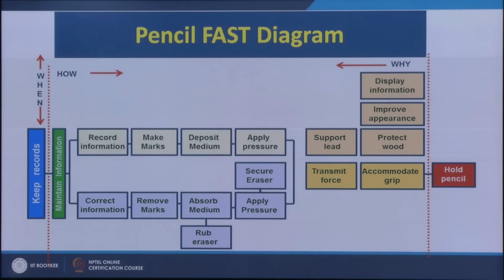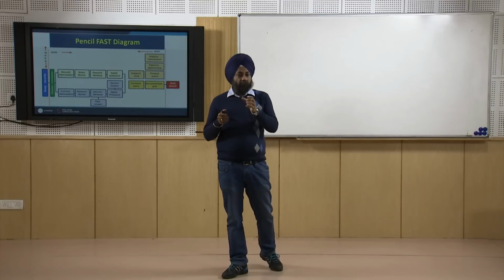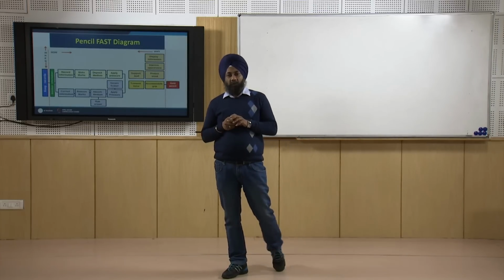The primary purpose is to make marks, but the secondary is to help erase marks that may not be correct. So we can see whether this is required or not. If it is not required, you can even eliminate the function of the eraser and the metal cap. So the FAST diagram will help us identify which functions are not required.